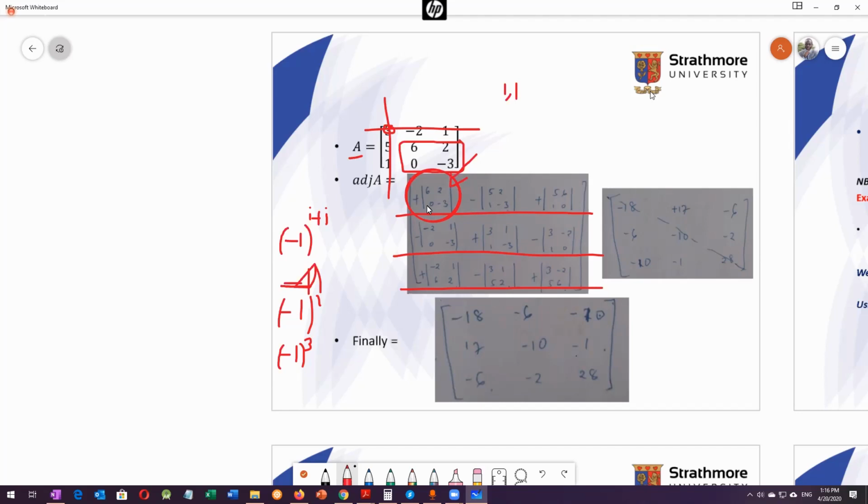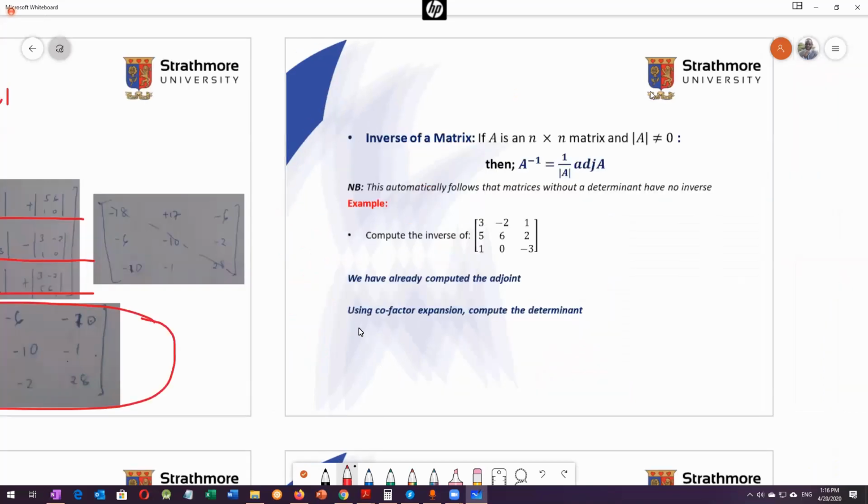Finally, you can compute the inverse using the determinant and the adjoint. This is the formula for getting the inverses of all matrices. And it's going to be important because this is how we are going to solve linear equations.